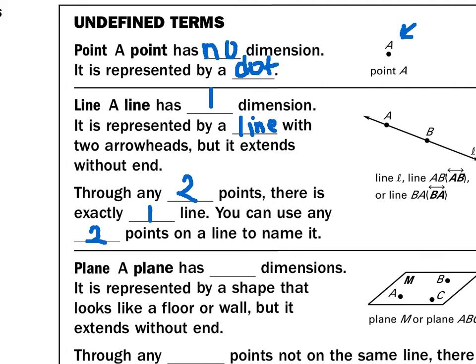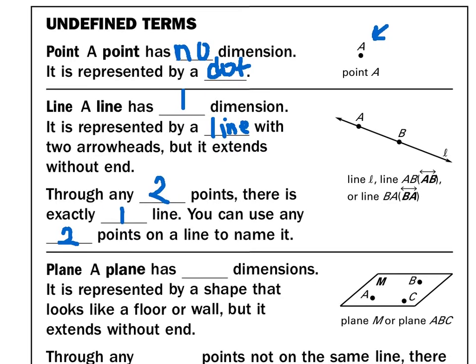So let's move over here and make sure we can see the whole picture. So this is line AB with capital letters. Notice that it doesn't matter which one I start with. I could call this line BA because both sides go on forever.